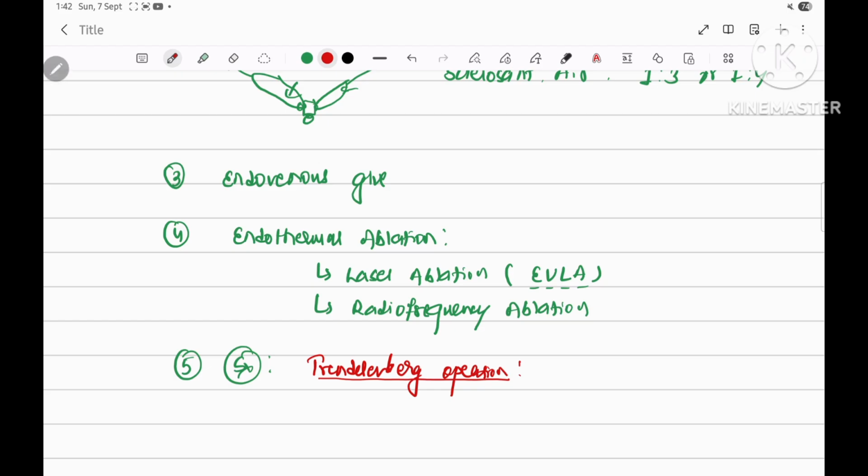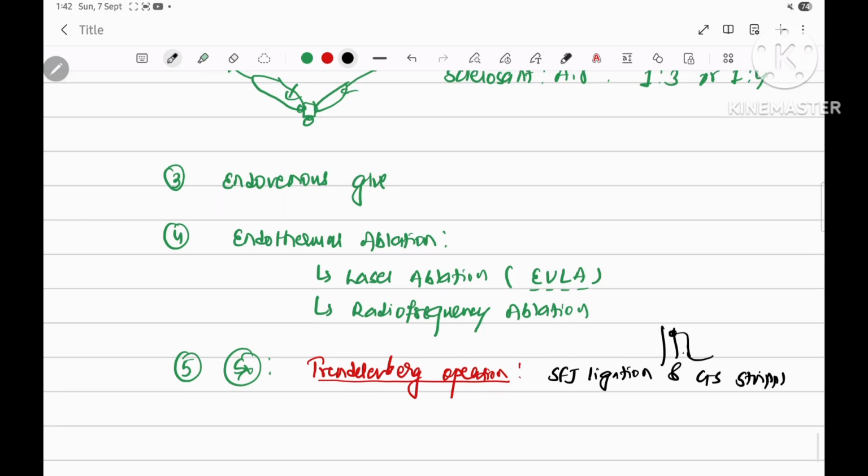We ligate this saphenofemoral junction, and then we pull and strip the vein, the diseased vein, and then we make a suture. So in the Trendelenburg operation we do SFJ ligation and greater saphenous stripping.